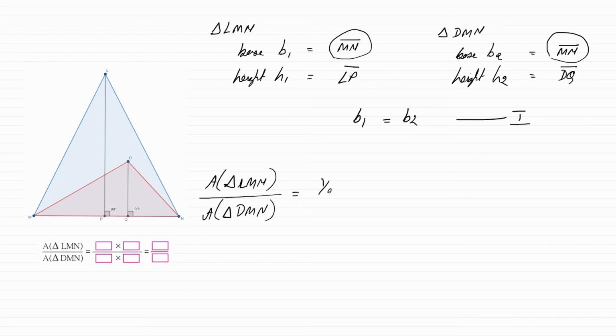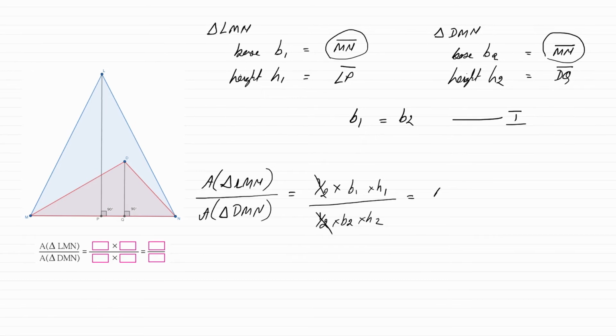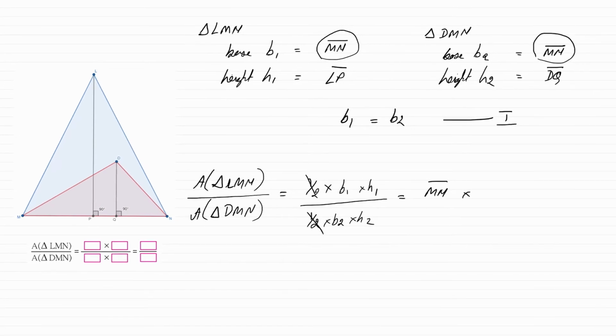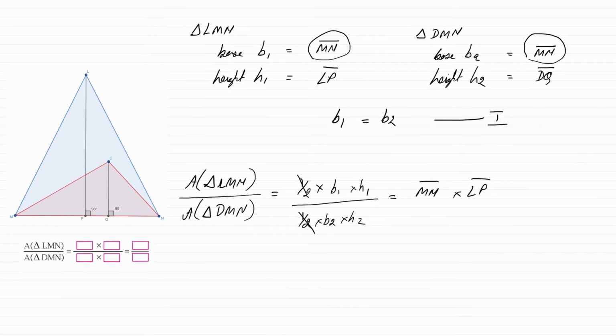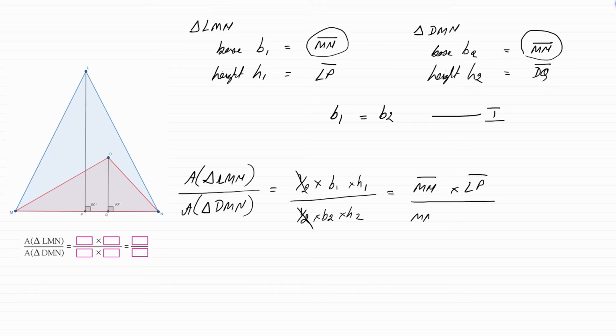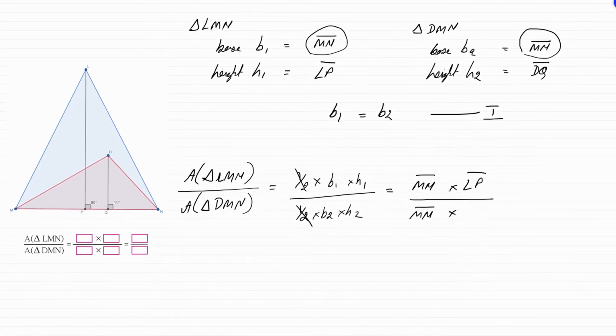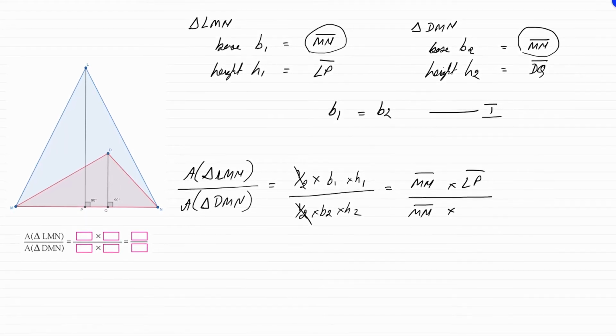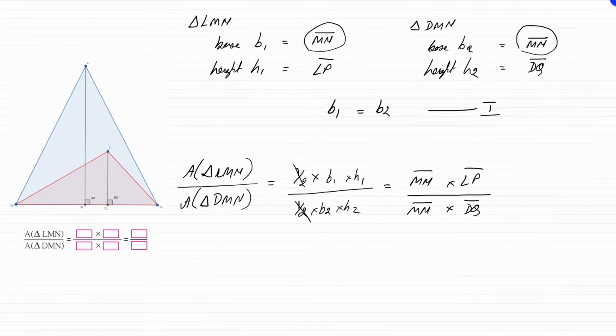Now again I will write out its formula. Okay, now half and half will get cancelled, and now I will write the next part of the equation, which will be, instead of B1 I'm going to write MN, instead of H1 I'm going to write segment LP, then again instead of writing B2 I'm going to write MN, and instead of writing H2 I'm going to write segment DQ.